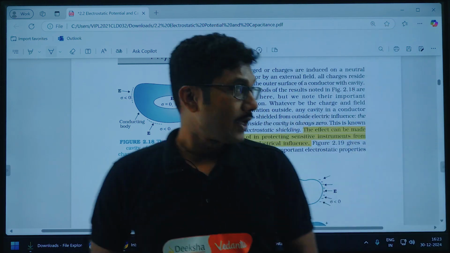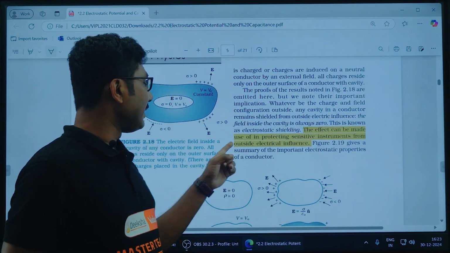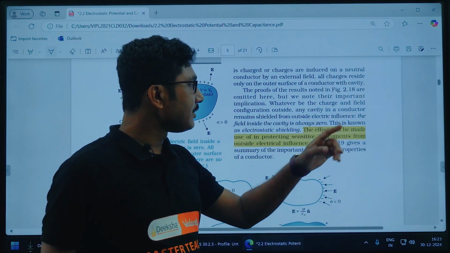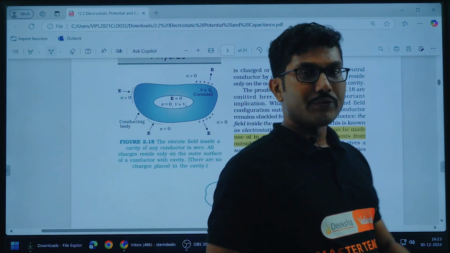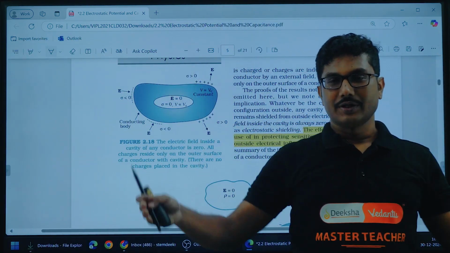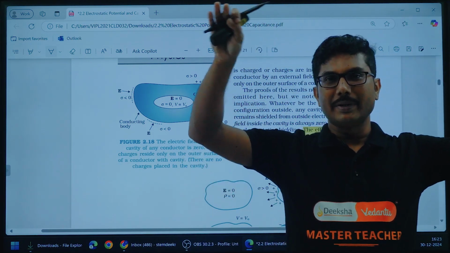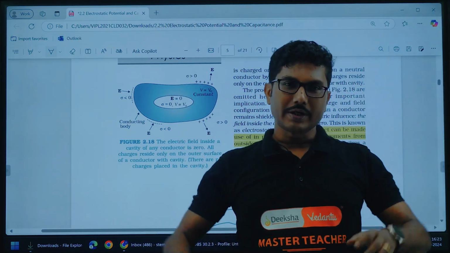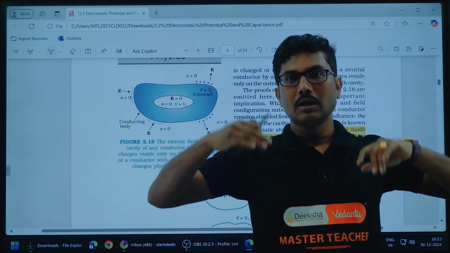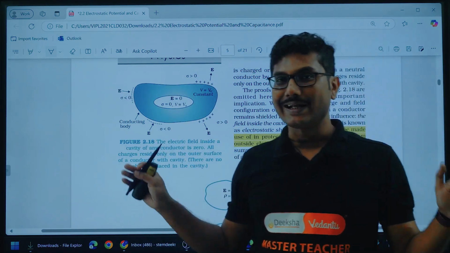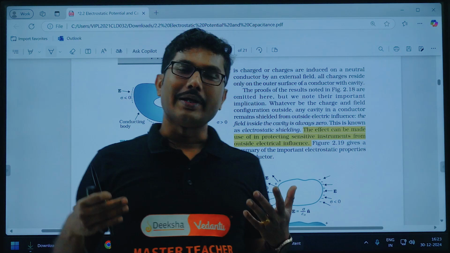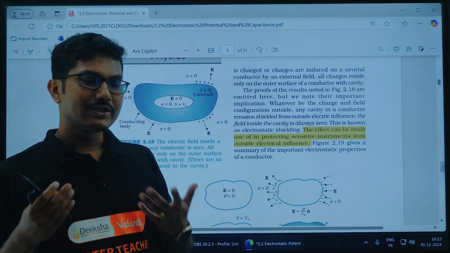The effect can be made use of in protecting sensitive instruments from outside electrical interference. So, if you create a metallic cage, where all the walls and all the floor are made of metal and connected with each other, then it behaves like an electrostatic shield.